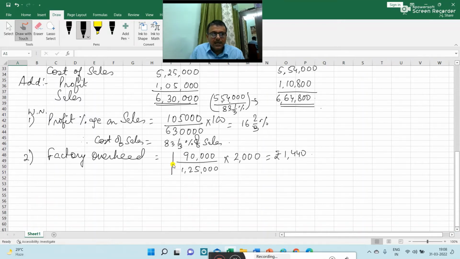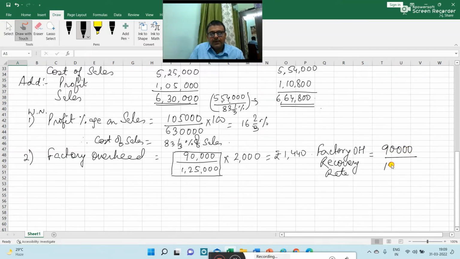Now what is this 90,000 by 1,25,000? This is basically the factory overhead recovery rate. So your factory overhead, I am doing this for your understanding, that is factory overhead recovery rate as a percentage of wage is 90,000 divided by 1,25,000 into 100.